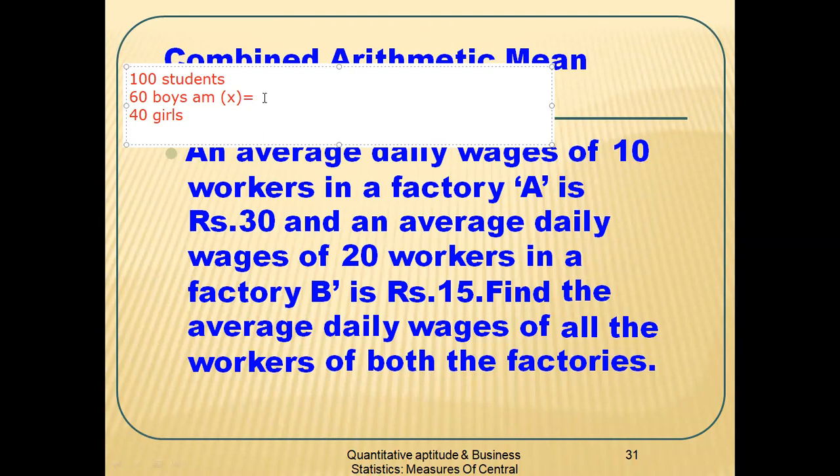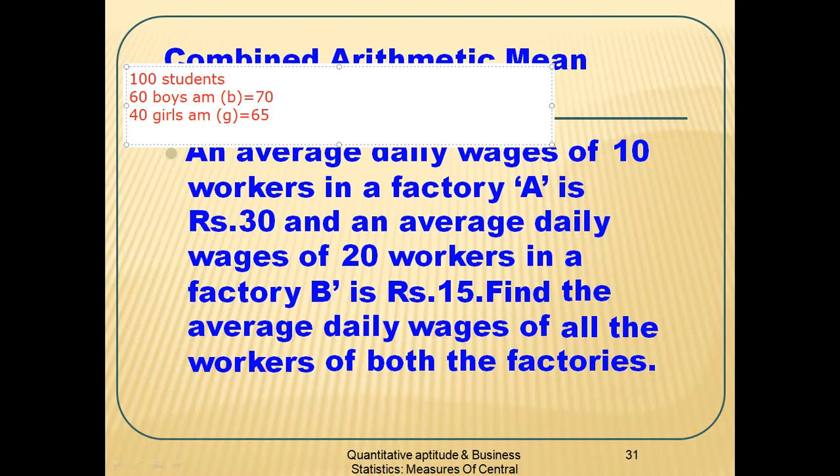Similarly, the average marks scored by the girls is also calculated, that is the arithmetic mean of girls. We denote boys with B and girls with G. For girls that is 65. So there are 60 students and we have calculated the arithmetic mean of the entire 60 as 70.